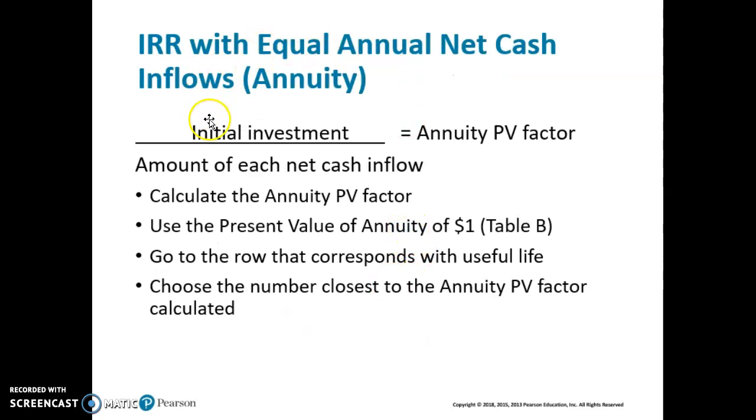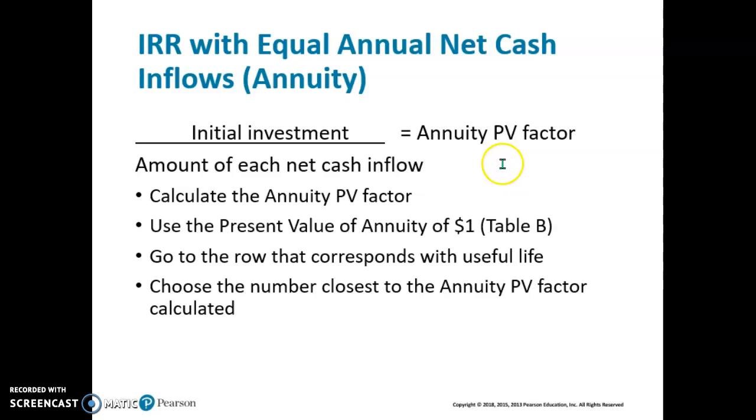Okay? So here's an IRR with equal net cash inflows. That's all you're going to get from us. You've got your initial investment divided by the amount of each cash inflow, which will give you your factor. Okay? So you take the factor and you look it up on the table, and come back with whatever that interest rate is.